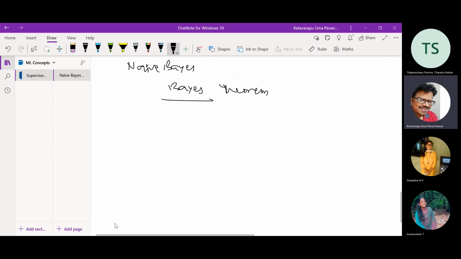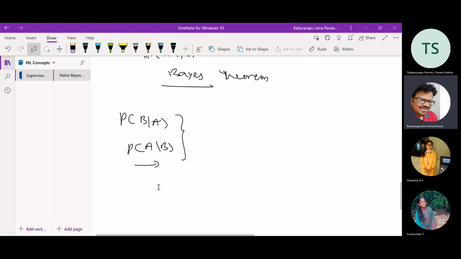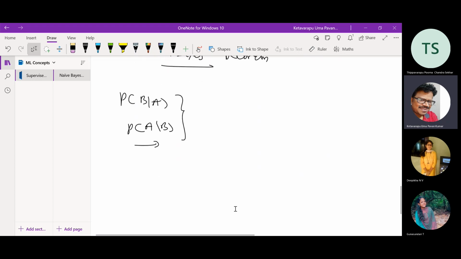If I'm making use of probabilistic analysis, we have terminologies like probability of B given A, probability of A given B. I'll be introducing those terminologies in a while. These things are very helpful, and based on the probabilistic analysis, one can implement naive Bayes.